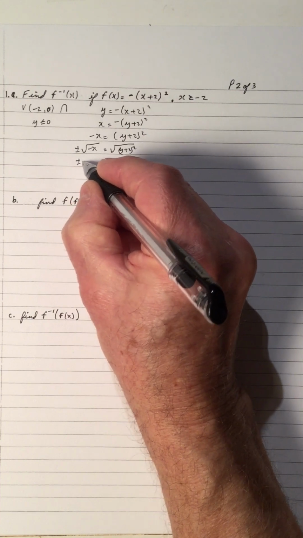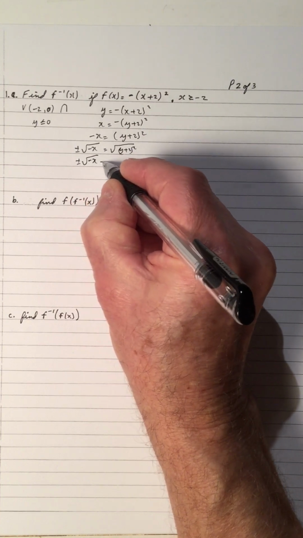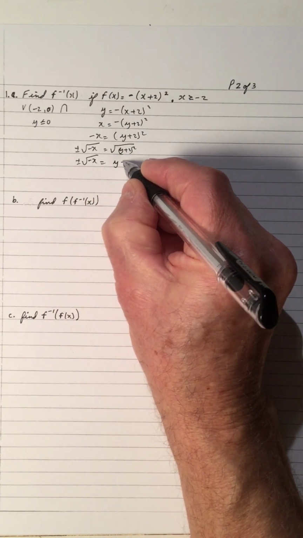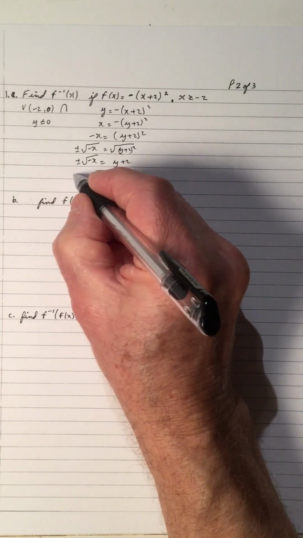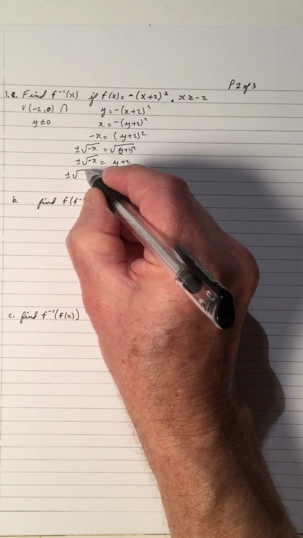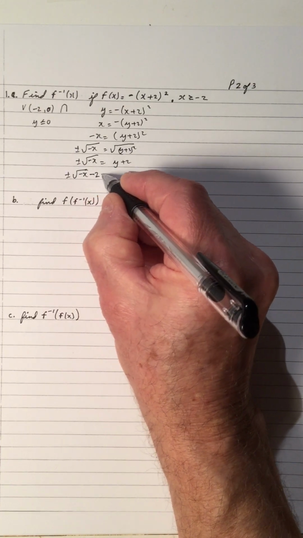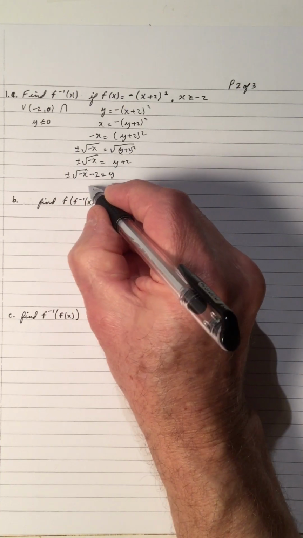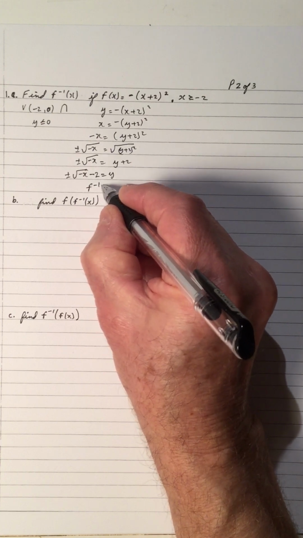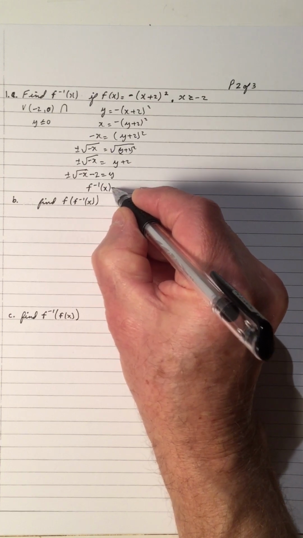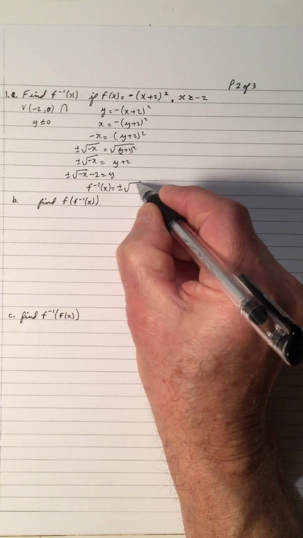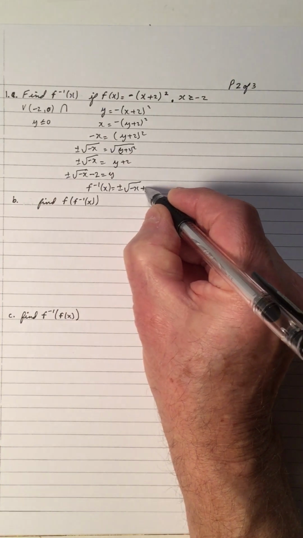So this is plus minus the root of negative x equals y plus 2. And so we got plus minus the root of negative x minus 2 equals y. And so f to the negative 1 of x is equal to plus minus the root of negative x, minus 2.